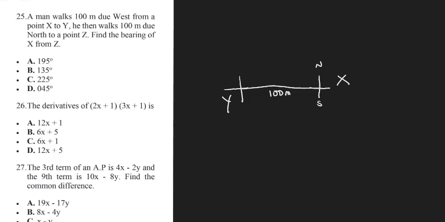He then walks 100 meters due north to point Z. So from this Y, he walked 100 meters again. So this is north, of course, like this. This is point Z, this 100 meters. Find the bearing of X from Z. So let's join this line. We have to find the bearing of X from Z. That means this is X from this Z here.